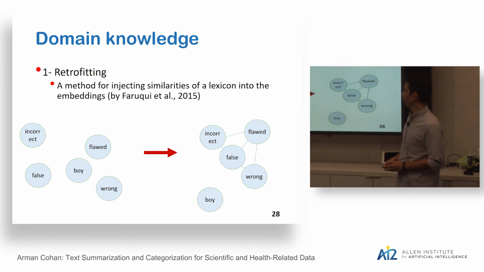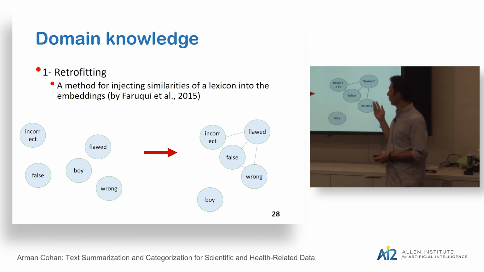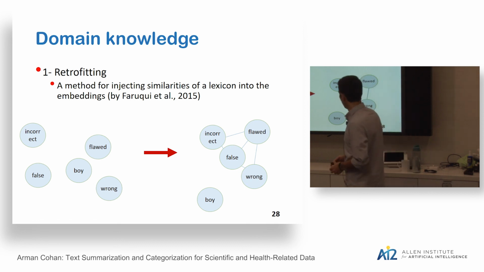The first way we can do this is a post-processing approach like retrofitting. Retrofitting is a method proposed by Faruqui in 2015 where they take trained embeddings and pull closer to each other the embeddings that are related according to a semantic lexicon.